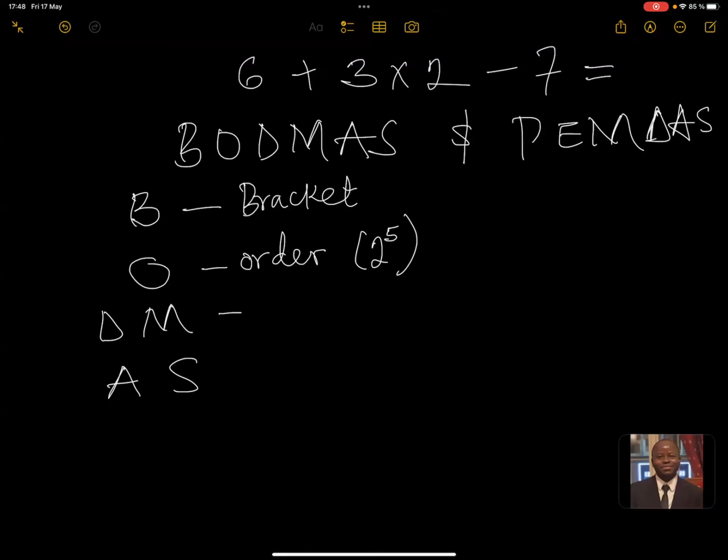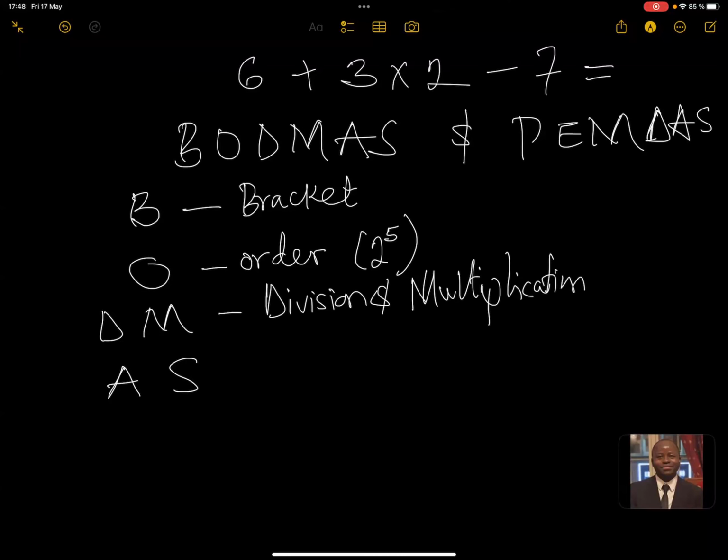The one to choose is the one you see first when you are counting from the left or from the right, as the case may be. So D is for division, and the M is for multiplication.